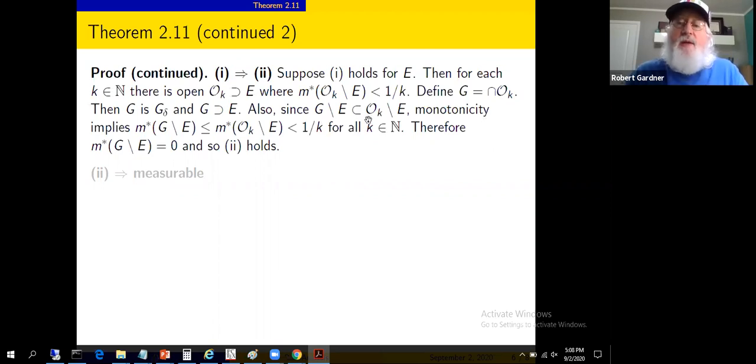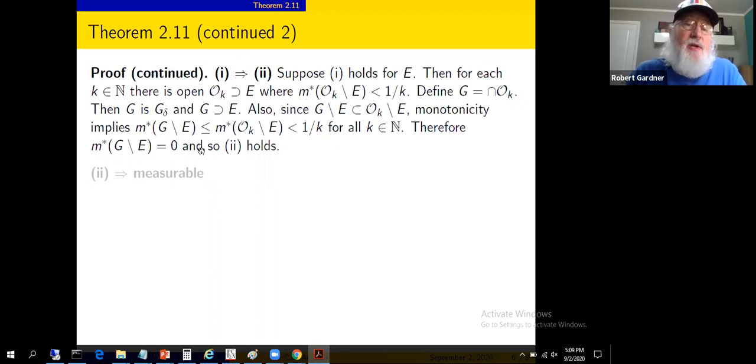But that's a subset inclusion to which we can apply monotonicity of outer measure. The outer measure of G set minus E is less than or equal to the outer measure of O sub K set minus E, and we already had that less than 1 over K upstairs. This can be done for any K a natural number.